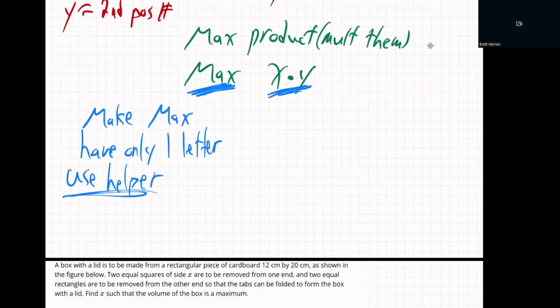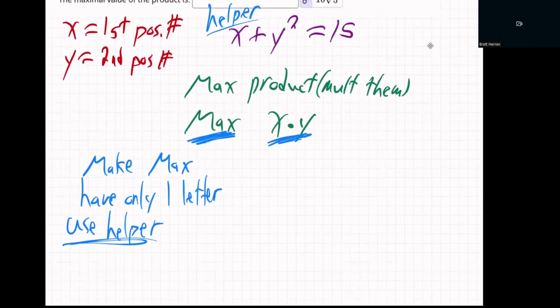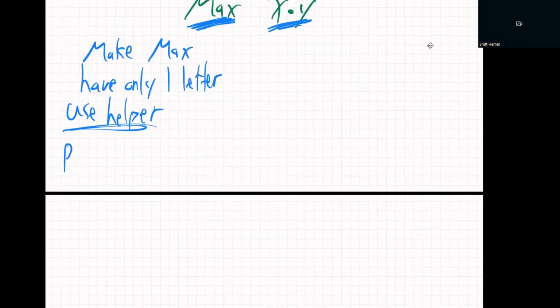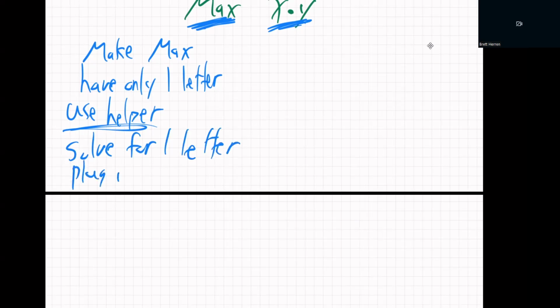You use the helper, solve for one letter, and plug into the max. That's what we do.